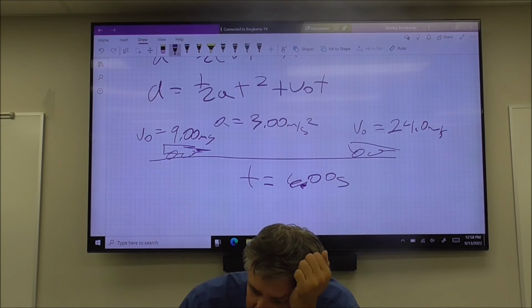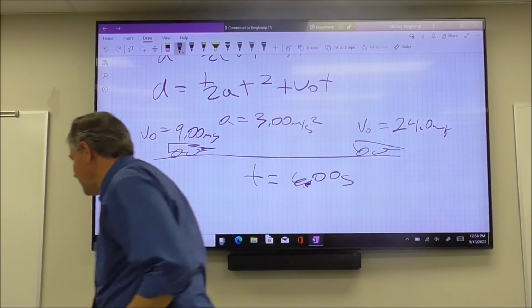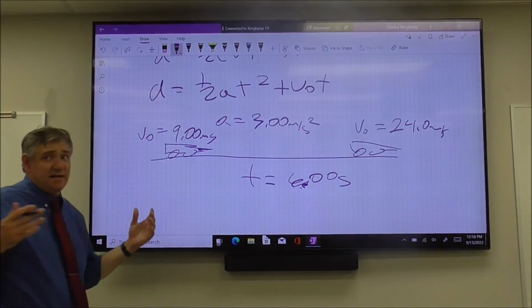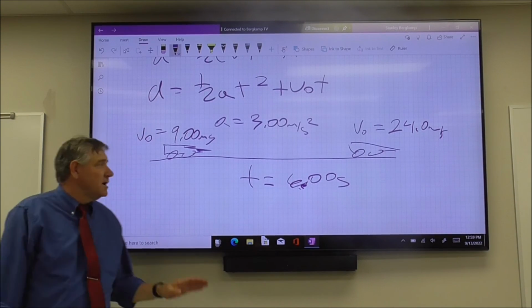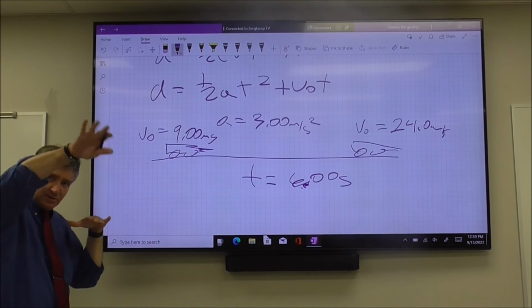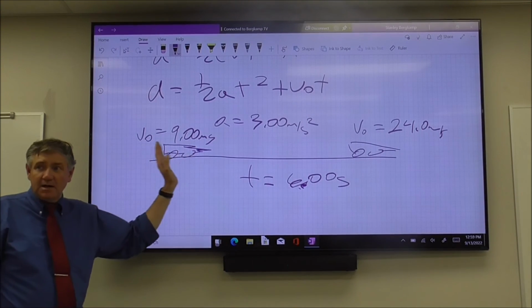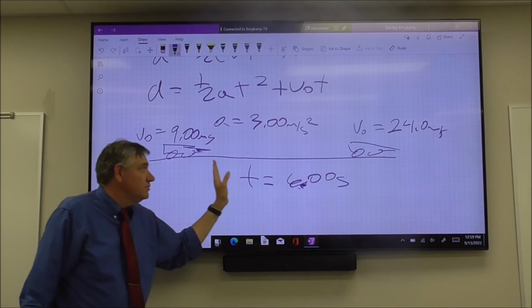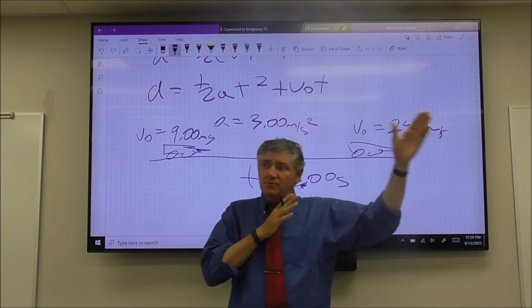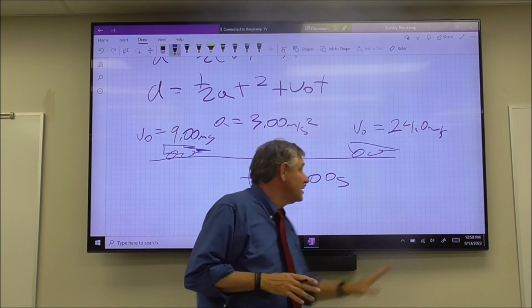That's a horrible number. So, here's how this would play out. Okay? So, you're designing a road. And you know, when cars merge off the highway, this is like an acceleration lane. Cars are going about 9 meters per second, and when they merge onto the highway, they're going 24 meters per second.